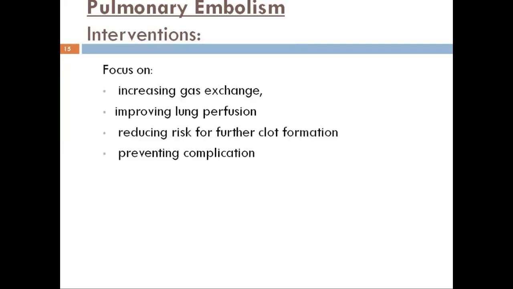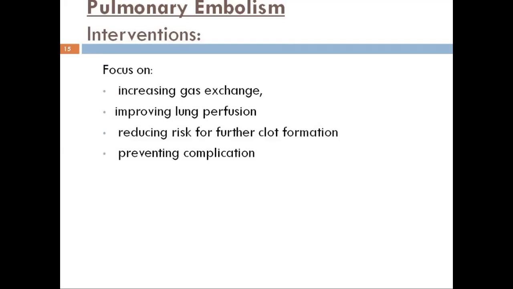Okay, so the intervention has to focus on one, increasing the gas exchange. Two, improving lung perfusion. Want to improve the amount of blood that comes to the lung, right? And then reducing the risk for further clot formation.